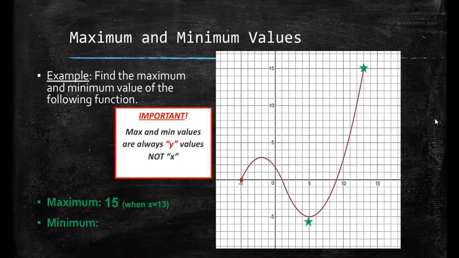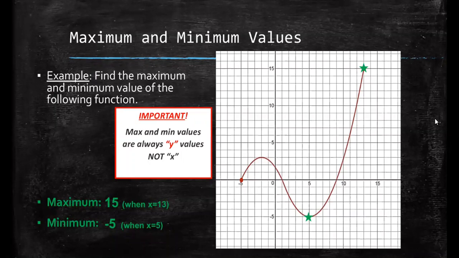We're looking at this point down here. So when we're looking at that point, again, we want to report the minimum as the lowest the graph goes, which is a y value. So there you would report a minimum value of -5. That occurs when x is 5, but the value we want to report as the minimum is -5.